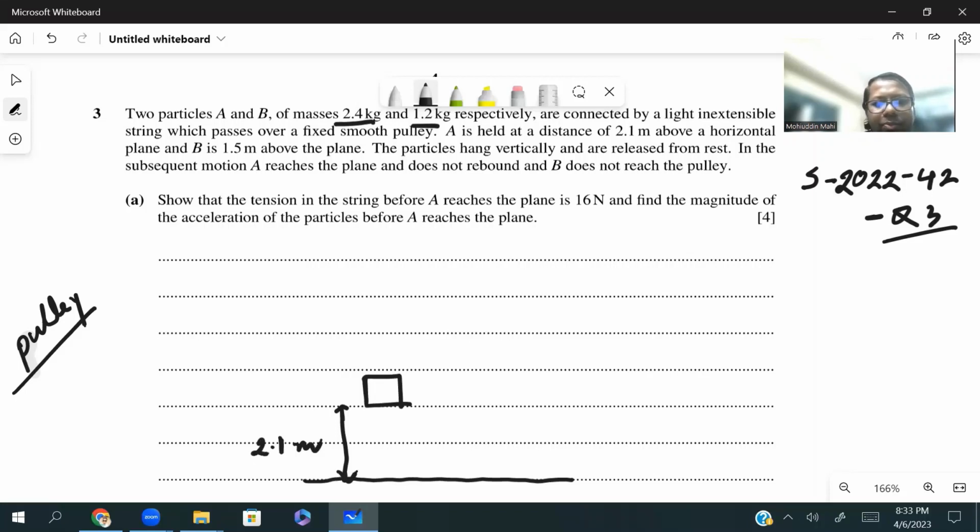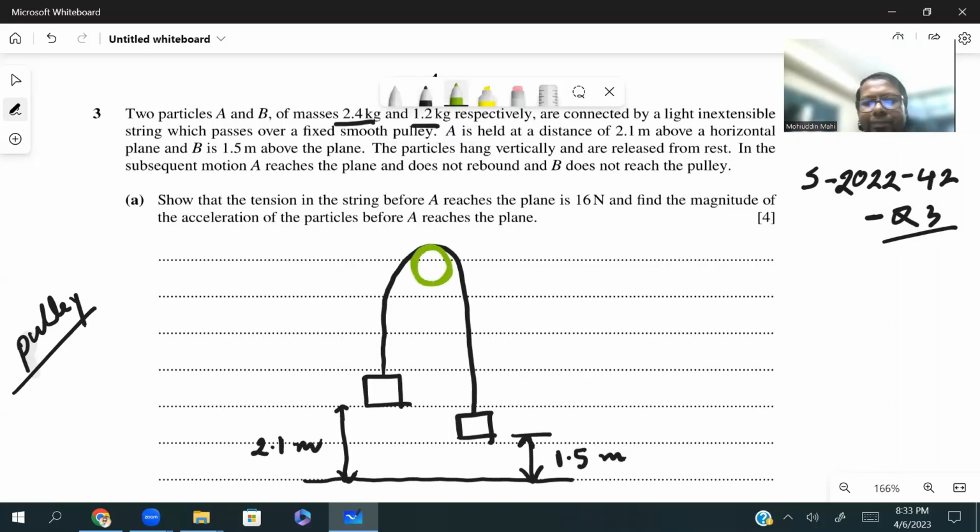And B is 1.5 meter above the plane. And here's the pulley.